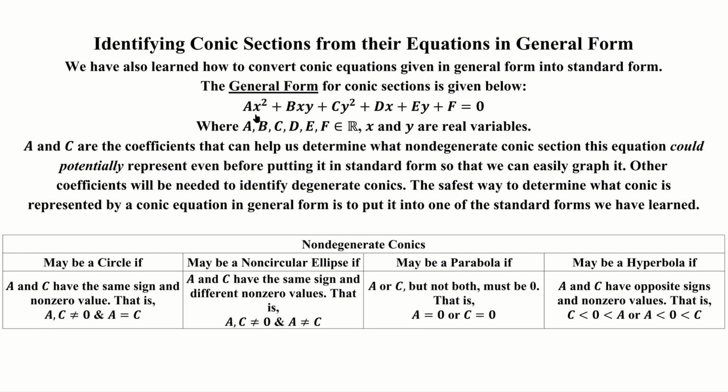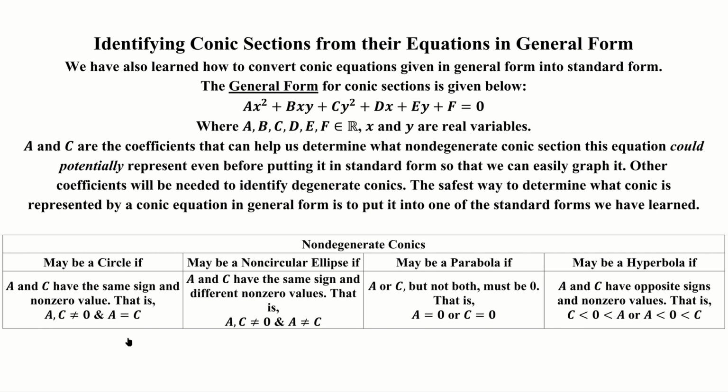When it comes to identifying the non-degenerate conics, a and c, which are the coefficients of the square terms, play the most important role. But the problem with the general form is that even if certain conditions are met, we cannot be guaranteed that we're going to have a certain kind of conic section.